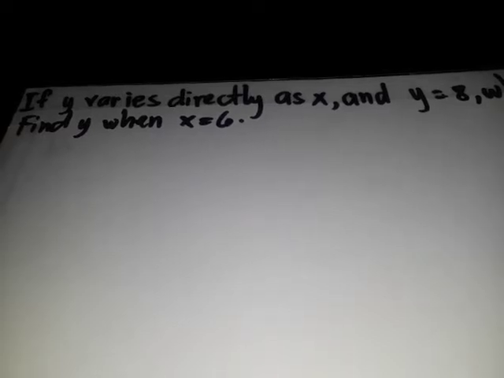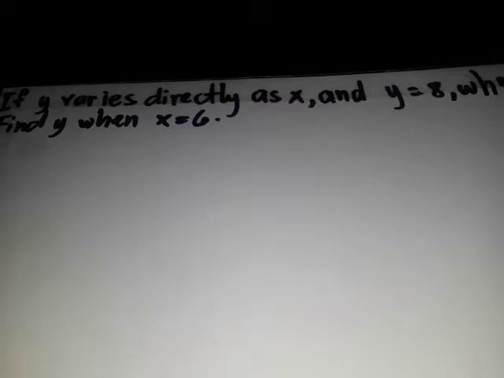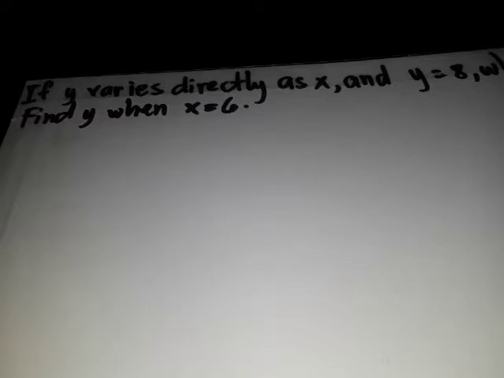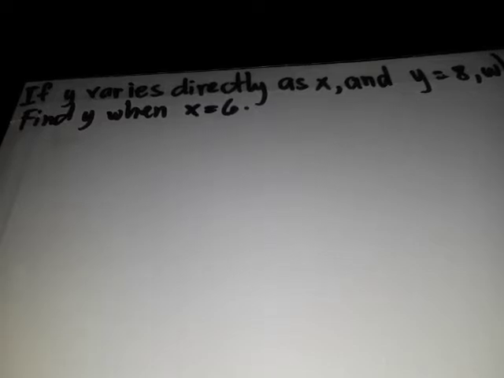So we will discuss first this example. We have, if y varies directly as x and y is equal to 8 when x is equal to 24, find y when x is equal to 6. So we need first to make the equation.